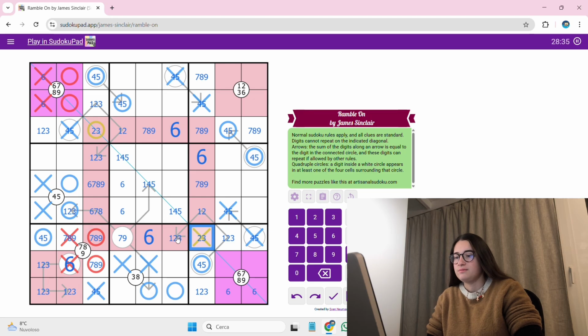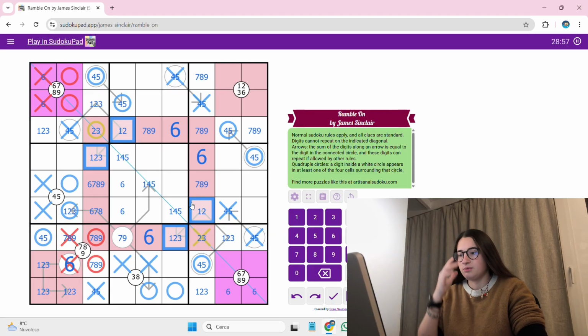And another 1. So we need 2 1s, a 2 and a 3. The 2 and the 3 can't be in the same. So we need a 1 here and a 1 here.